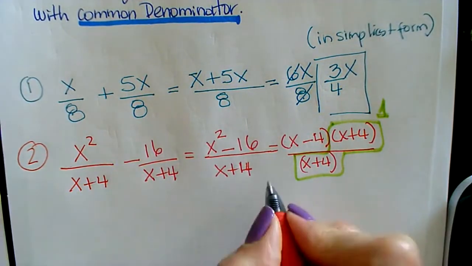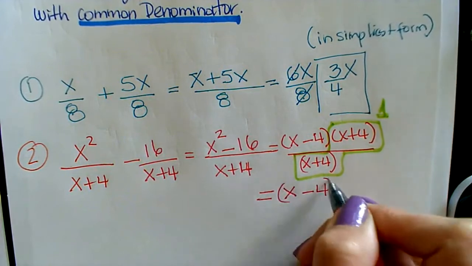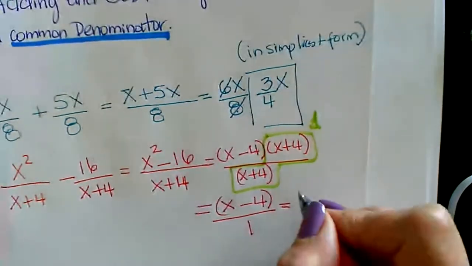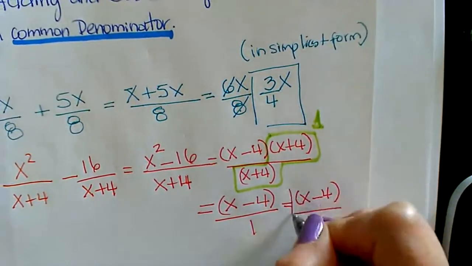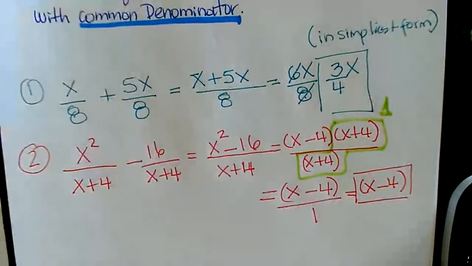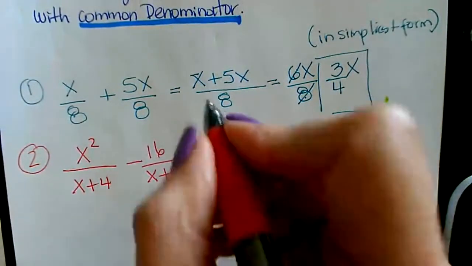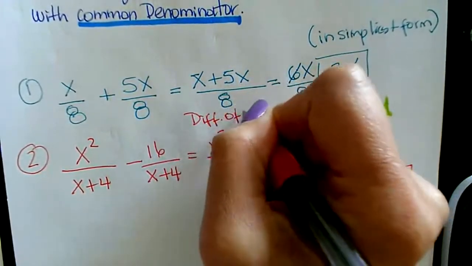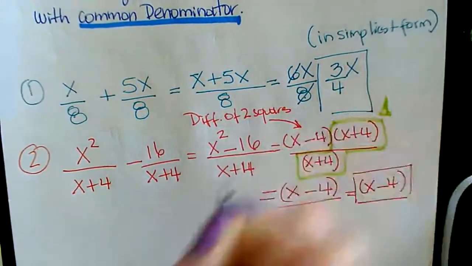So my answer is going to be x minus 4 divided by what? By 1. And this is equal to x minus 4. That's my answer. Okay? Remember, this one is the difference of two squares. And that's what I did.